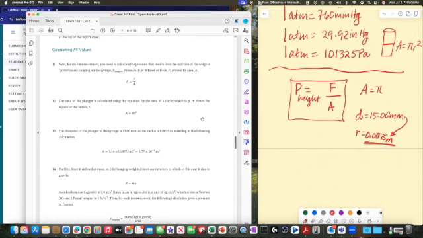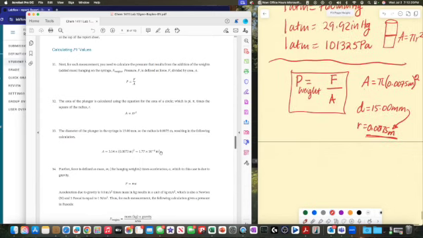So now that we have that, our area is calculated by pi times 0.0075 meters, and then you square this, okay? So they do that work for you over here. So our area inside the syringe is actually 1.774 times 10 to the power negative 4 meters squared. So we have this part here done.